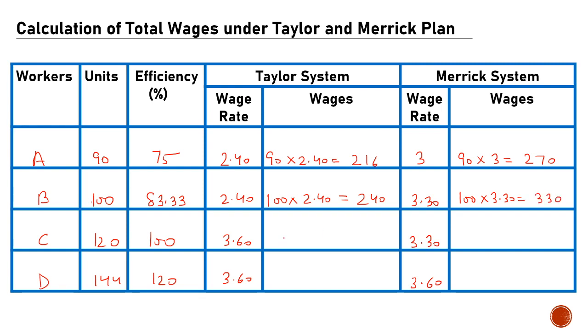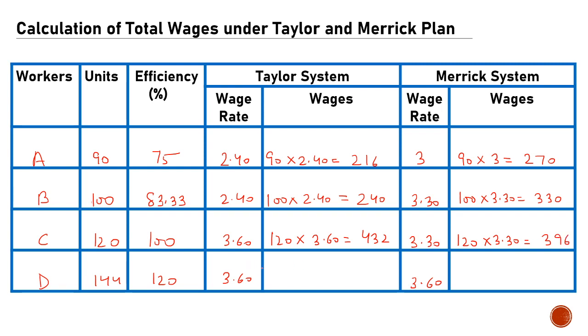Now C manufactured 120 units and wage rate per unit here is 3.60. In this case, the wages of worker C is more in Taylor plan as compared to Merrick plan. His total wages under Taylor plan is 432 rupees, and in case of Merrick plan his wages is 120 into 3.30. So his wages is 396.